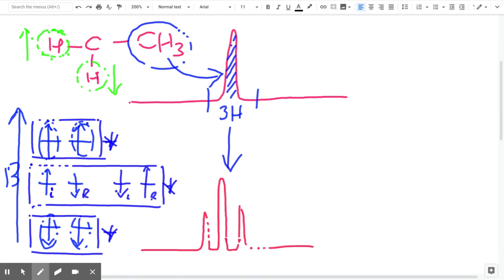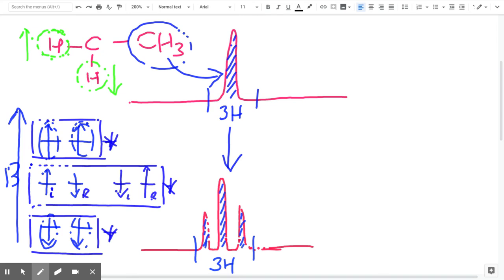And again, the area under the curve includes all of the peaks, and that is still equal to 3 hydrogens. However, the areas under the curves now correlate to the probability of seeing the different orientations of the protons.